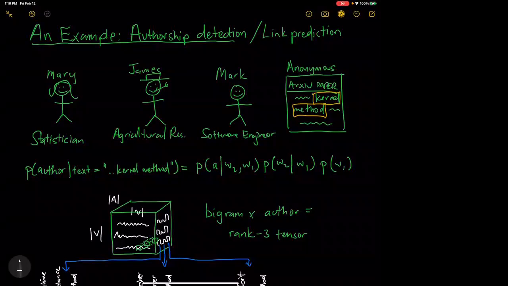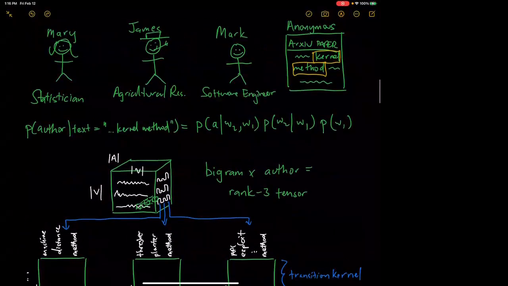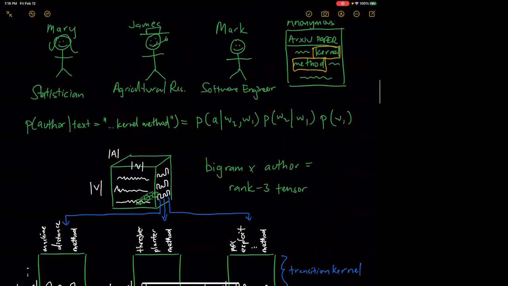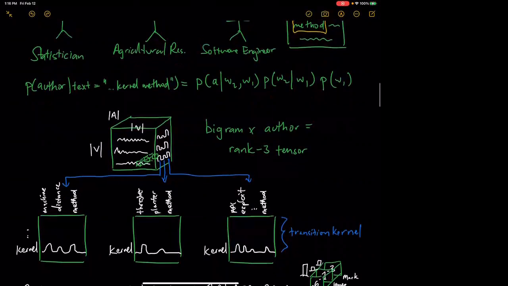So here we have three variables: our author, and these 2 words, kernel method. We'd like to determine the probability that a certain author or community generated this document, given that we see these 2 consecutive words.